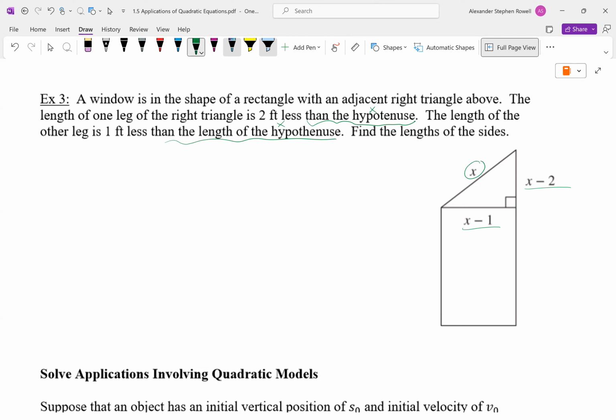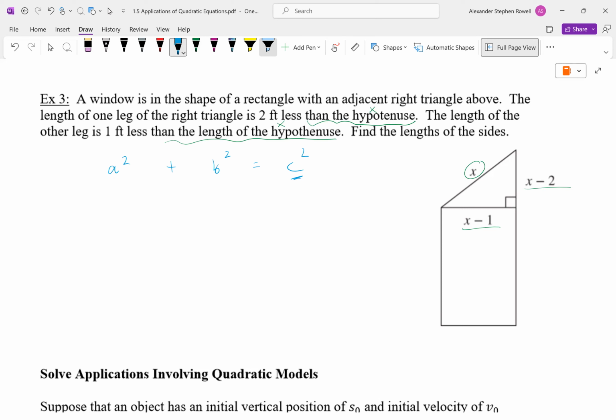What type of equation can we set up here if we have the sides of a right triangle? The Pythagorean theorem, which is what? a squared plus b squared is equal to c squared. And the label of which one's most important, A, B, or C?